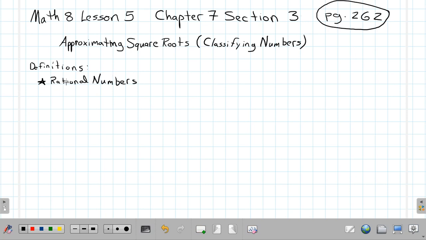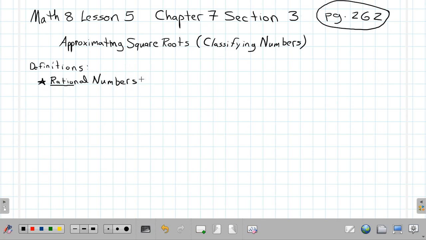Okay. So first thing I want you to notice is with the word rational, the first 5 letters of the word rational are R-A-T-I-O, which spells the word ratio, okay? And that's actually going to give us a little hint as to what rational numbers actually are.